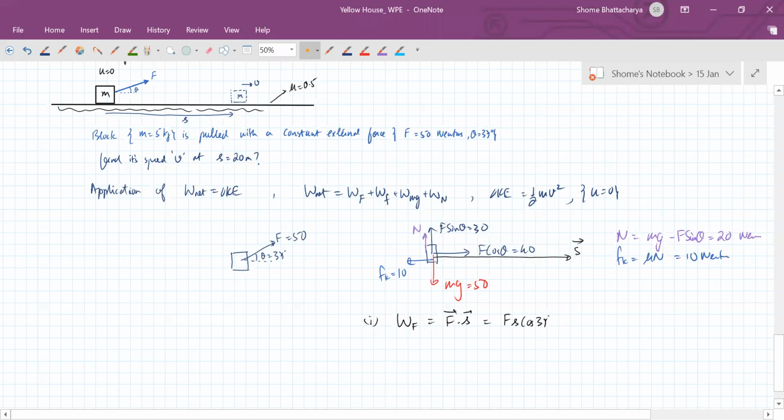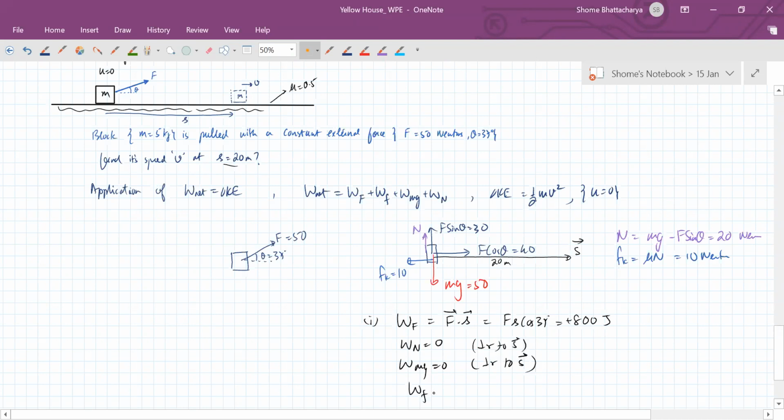The S was how much? It was 20 meters. So this will become 800 joules. The work done by normal reaction will be 0. The work done by mg will be 0 because they are perpendicular to displacement. Each of these forces is perpendicular to displacement.